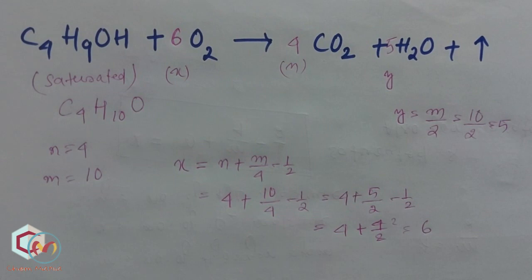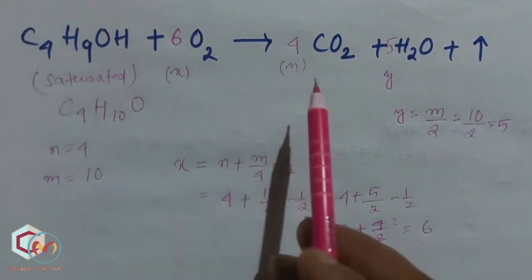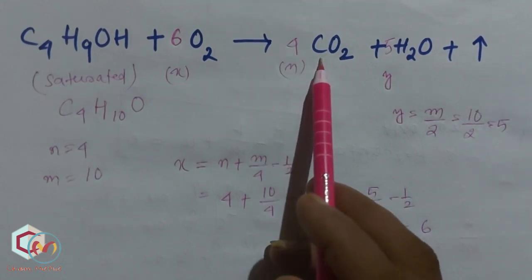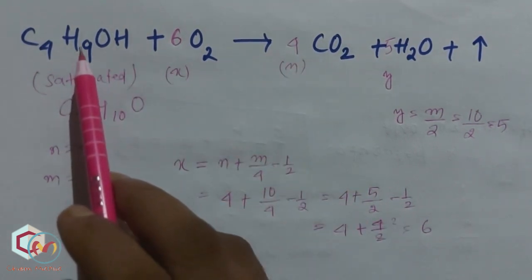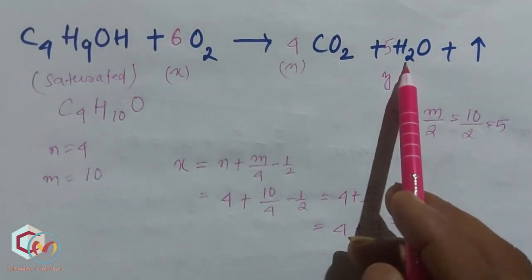Now we will calculate all the individual atoms. See here, carbon is 4, 4 carbon is there on the product side. In the reactant side, the number of hydrogen is 10, that is 5 into 2, that is 10.